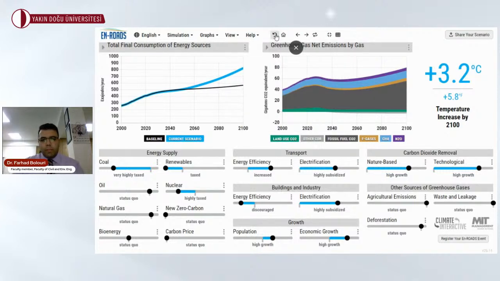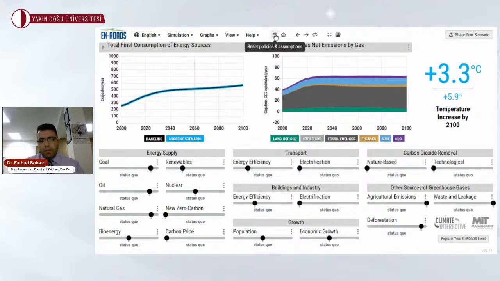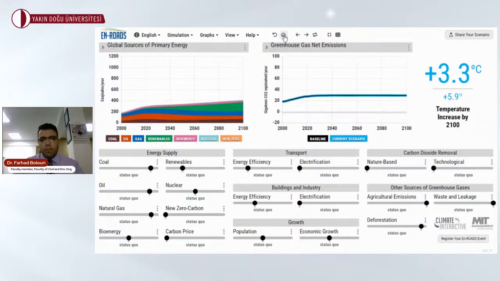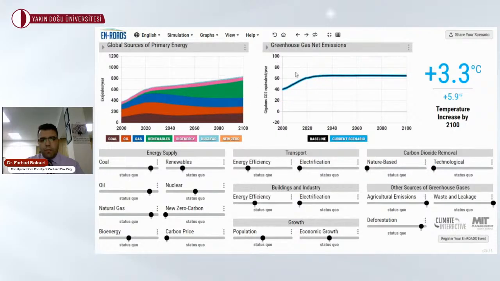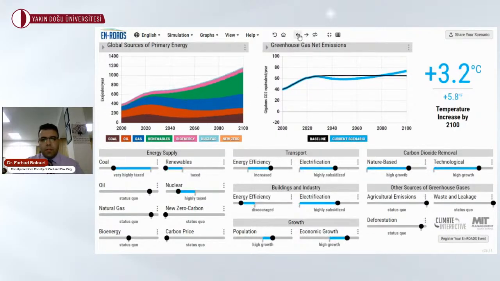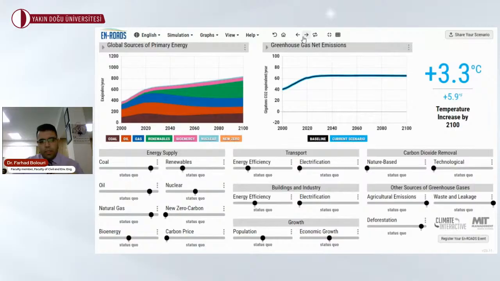If you click on this one, all of the policies will be reset. This one makes your graphs go back to the first graphs that you had. This one's just one action they give you back. This one gives your actions one by one, step by step to the last action that you did.